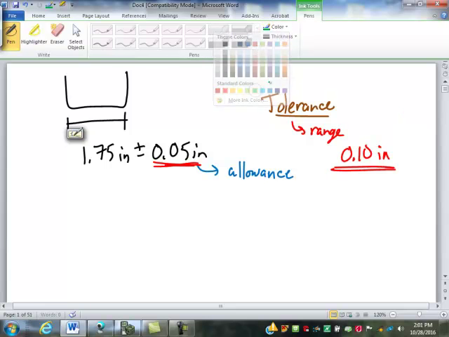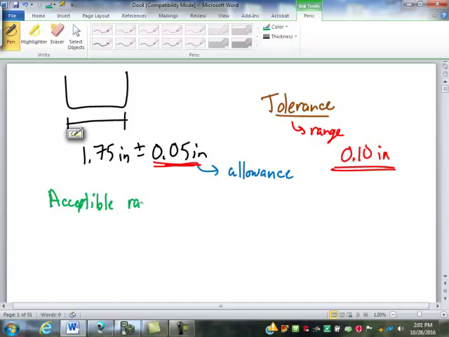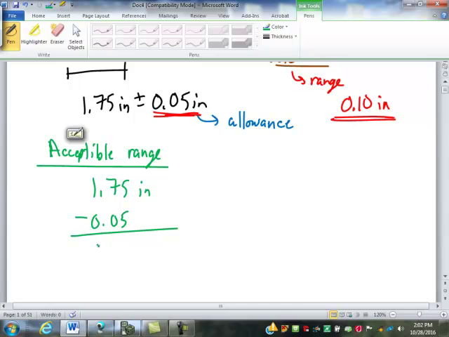Let me show you where that comes from. Remember how to get our implied range, or what we call the acceptable range. It works just like with our measurements where we had that plus or minus, that possible error. We took our measurement, the 1.75 inches, and subtracted that allowance of 0.05. That gave us a bottom end of 1.70 inches.